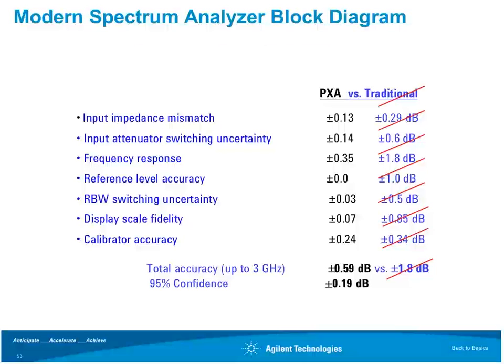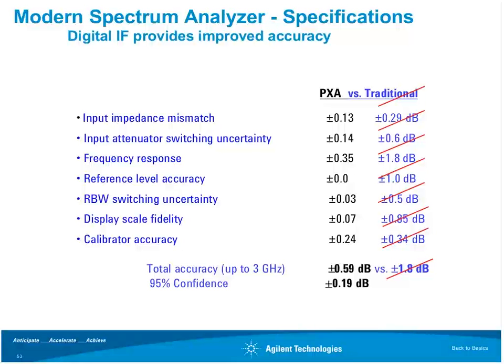Now, the good news, as a result of doing that, our overall measurement uncertainty goes down tremendously. So with our high-performance PXA analyzer, you can see that things like the switching uncertainty have been improved dramatically in frequency response. And things like reference level accuracy have essentially gone away, whereas in the past we depended on analog circuits to set that reference level.